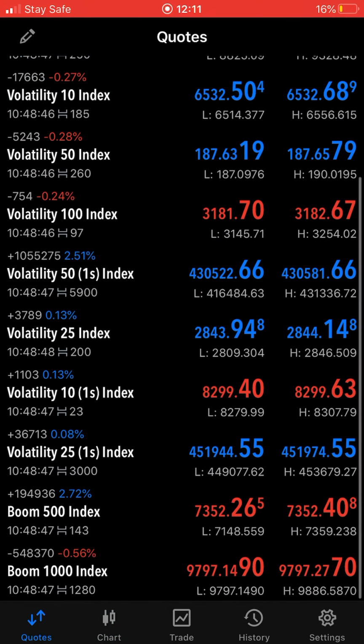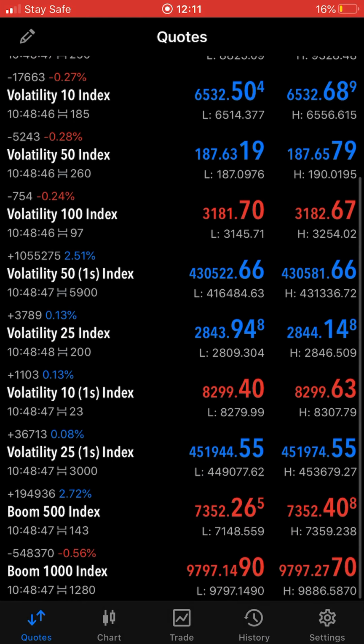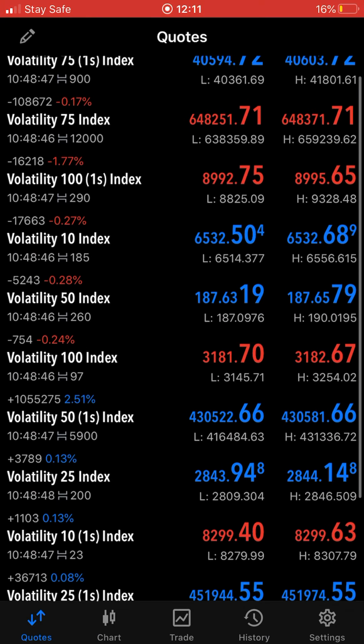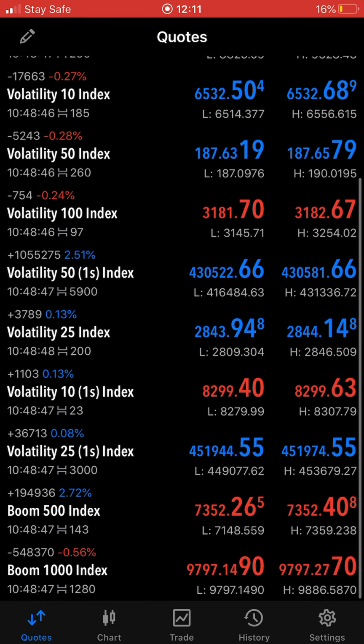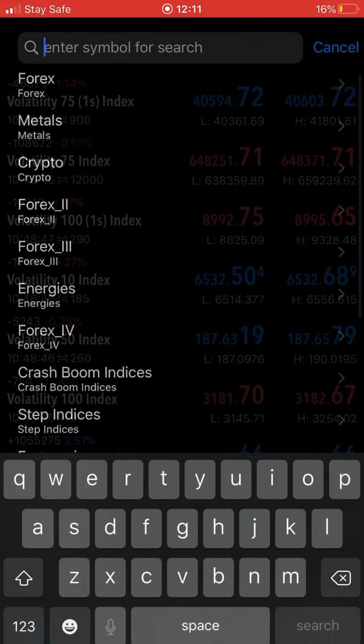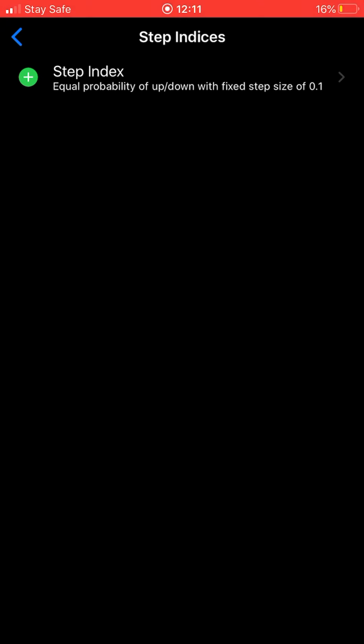What I'm having here is what is called indices: Volatility 75 (1s), Volatility 100, and other volatility indices, Boom and Crash. All these are indices, Range, and all those. There are also step indices like Step Index.